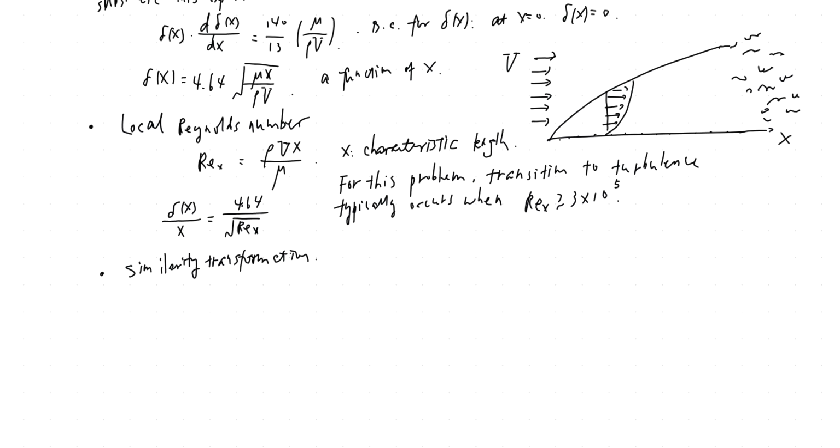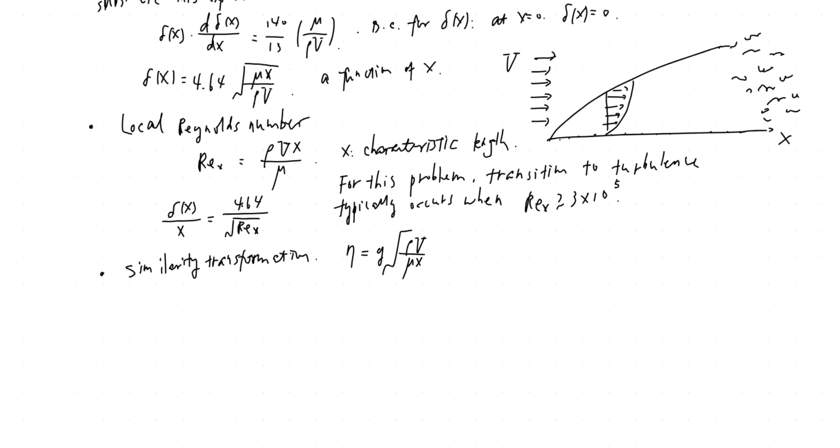You don't need to worry about where it comes from or how it is derived. You just need to know there is something called a similarity transformation. In this transformation, we define a new variable we call eta. We define it to be y multiplied by the square root of rho V divided by mu x.